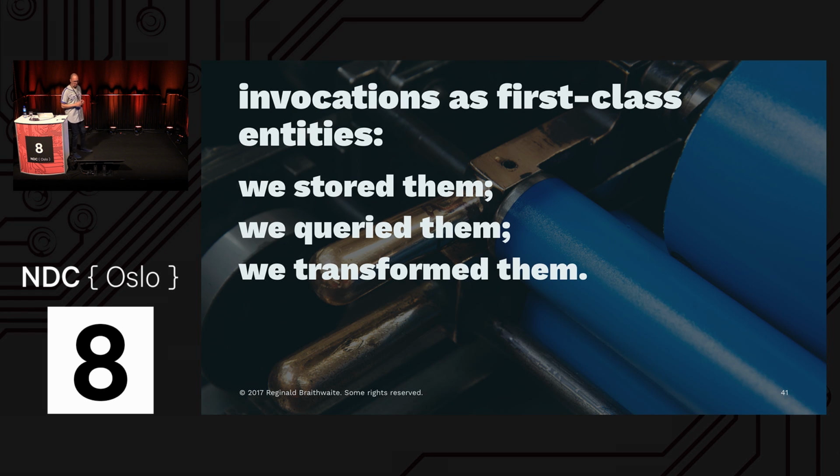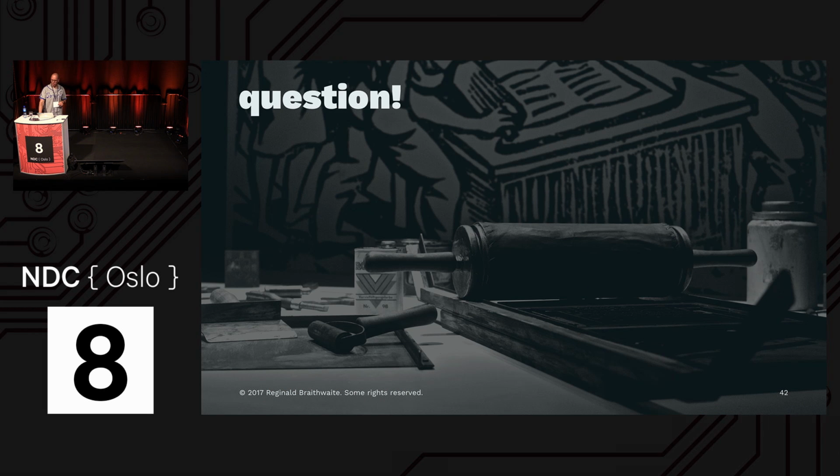You saw that we stored our commands, our invocations. We queried them, and we even transformed them. That was the magic of being able to ask a command how to reverse itself. And that's very interesting, and it raises a question.